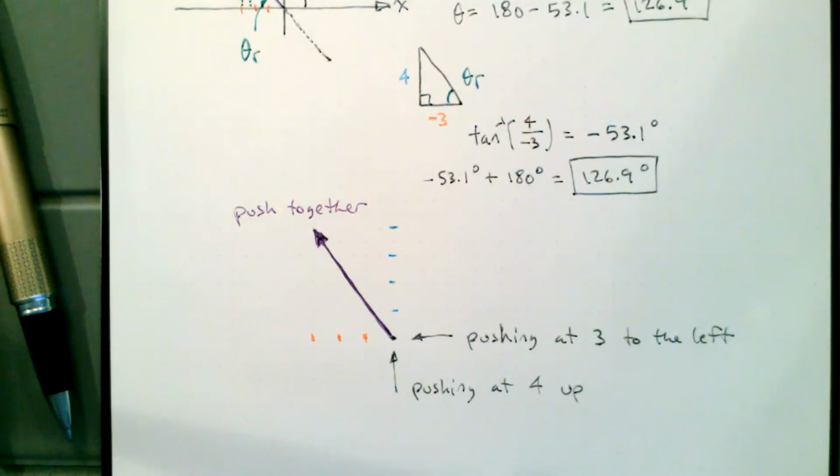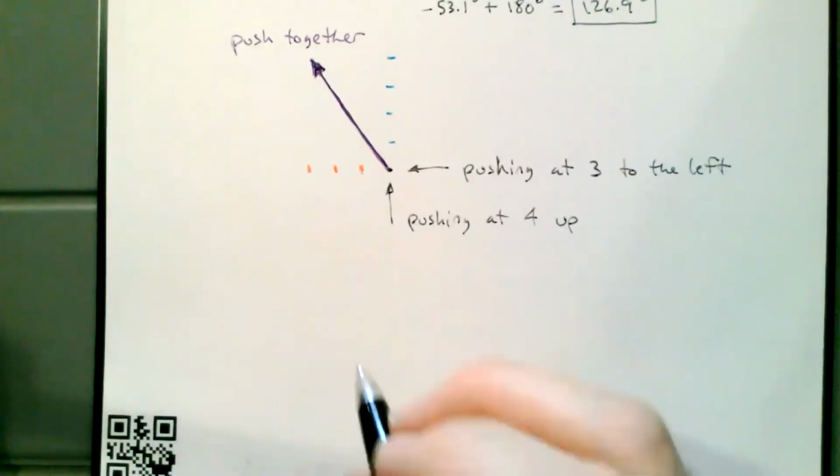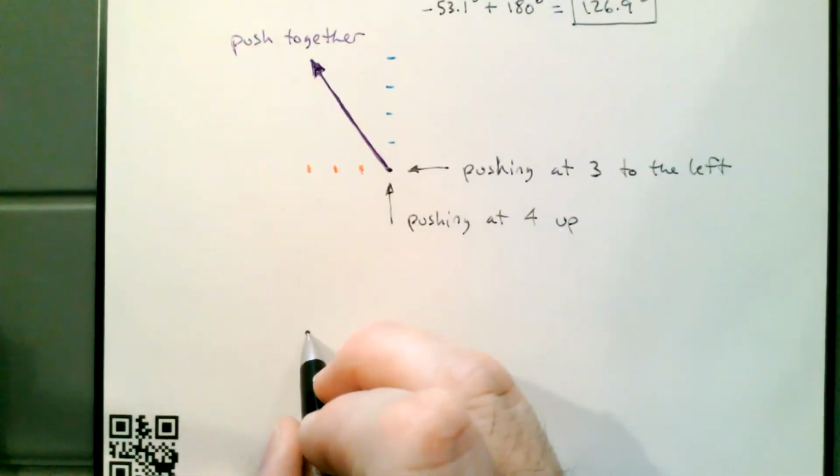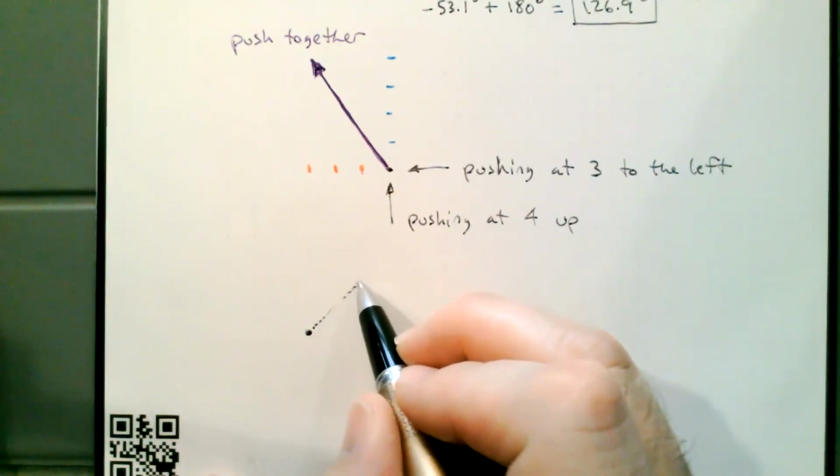Where we might need components even more is to think about what would happen with 2 tugboats.